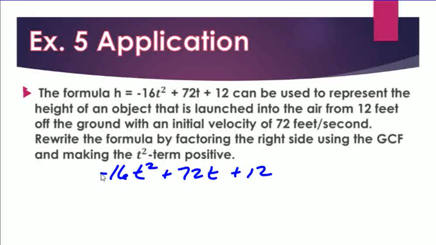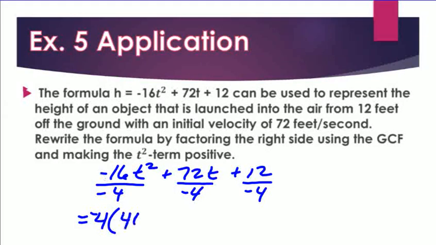So the biggest number I can take out of 16, 72, and 12 is a 4, but they said we have to make the t squared positive. So I have to divide a negative 4 out. So if I take a negative 4 out here, a negative 4 out here, and a negative 4 out here, I'm left with an answer of negative 4 on the outside.